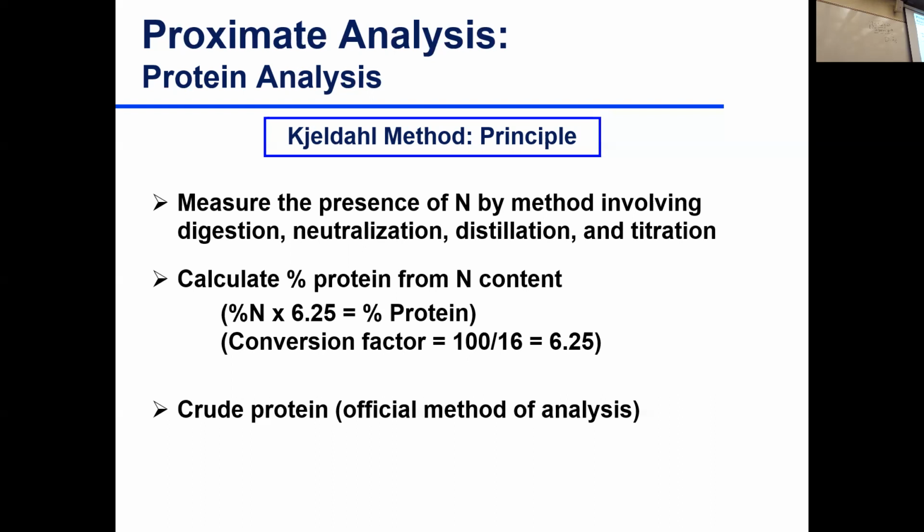Wheat, for example, so those of you in the materials lab will notice that we're going to use a 5.7 conversion factor because wheat has a higher amount of basic amino acids. So it's not 16%, it's a little bit higher. When the percentage is higher, the conversion factor is lower.